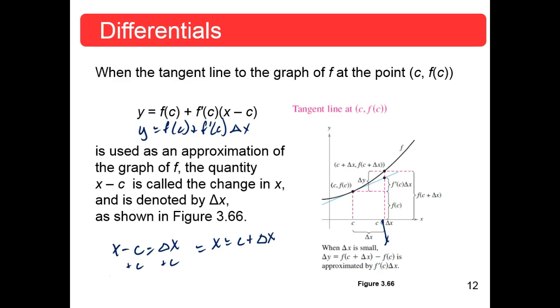And this value up here is c plus delta x, that's your x value, comma, f of c plus delta x, there's your y value. So this is your f of c plus delta x. This is your f prime at c plus delta x. And you see this is the difference. There's your delta y here, the change of the actual y value from here to there. And this is your f prime of c delta x.